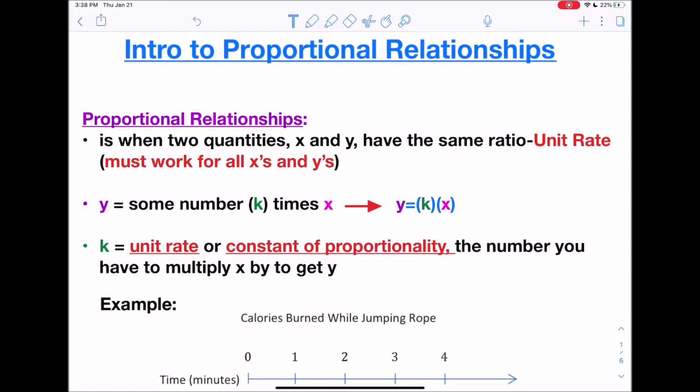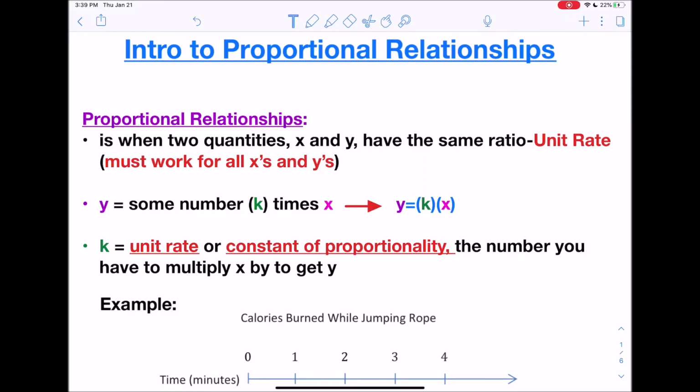Before, it was all about what the unit rate is and how you calculate it for a given situation. Today we're looking at how, if you're given a table of data of x's and y's, you calculate the unit rate from the data.